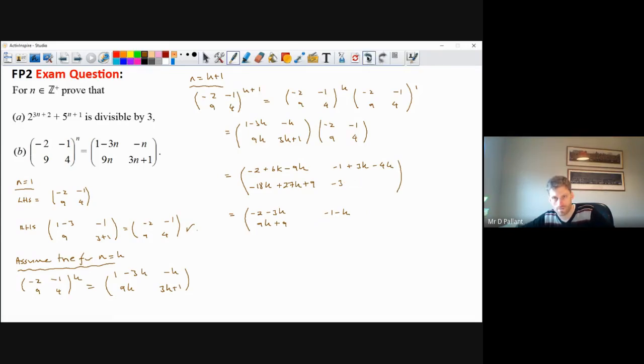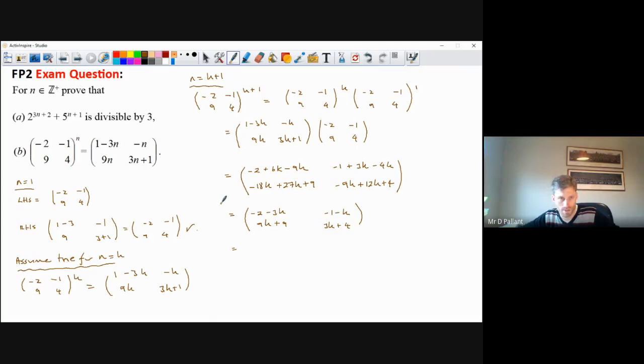Sorry, I've got myself confused there by moving between these two things. I did that one and that one. Now I'm doing that one and that one, sorry. Minus 9k plus 12k plus 4, which is 3k plus 4.